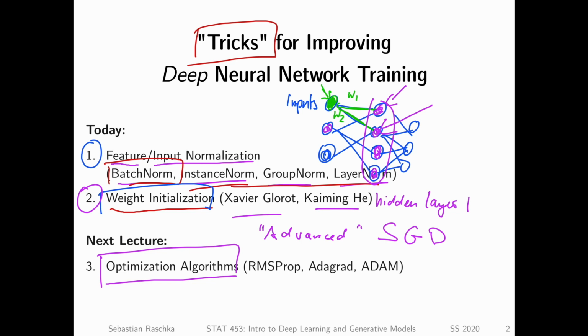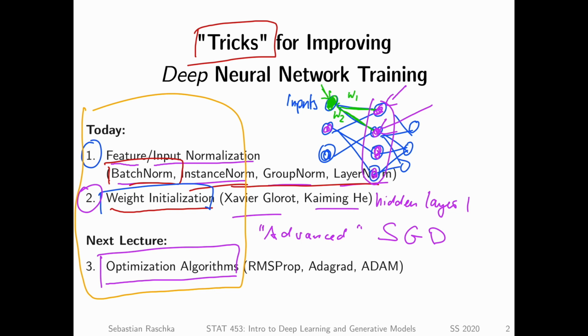Usually in practice, you may ask, what kind of trick shall I use? Usually these are kind of additive, so you usually use multiple of them at once. And different deep learning frameworks also choose different options for you by default.